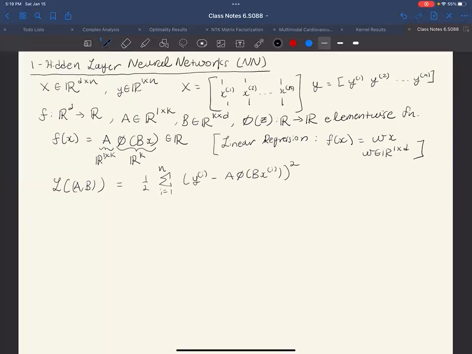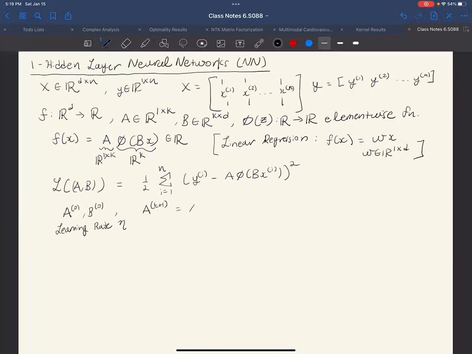And now how do we minimize this? Well, to minimize this loss function, we're again going to start with some initial guesses for A and B, and then we'll pick a learning rate eta and just run the equations.